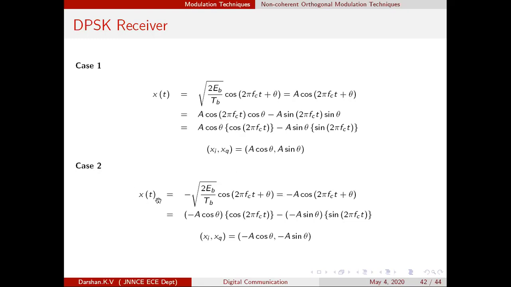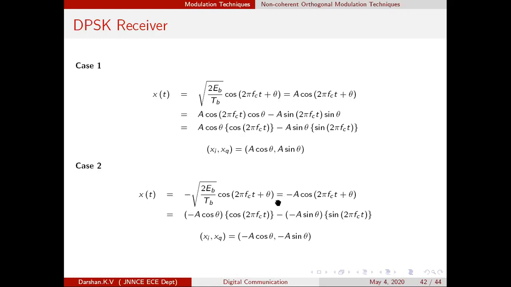Come to case 2. What would be the other case? The carrier phase may be 180 degrees out of phase. That would be represented by minus root of 2 EB by TB cos 2 pi FCT plus theta. This minus indicates a 180 degree phase shift.